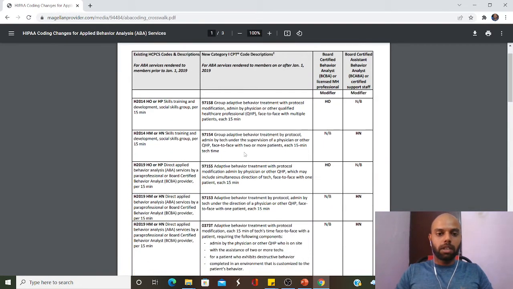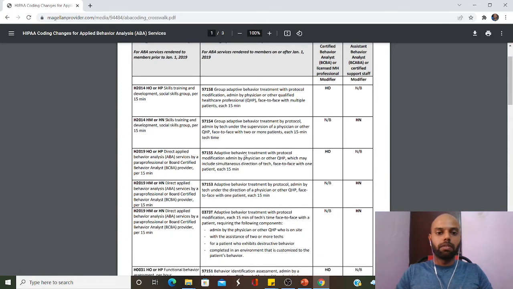Here they have mentioned that for ABA service for the Magellan carrier, we have to bill these codes with the modifiers. Instead of 97158, we have to bill H2014, and they have mentioned who can bill a service and who can't. A Board Certified Behavior Analyst (BCBA) or licensed independent professional can bill a service.